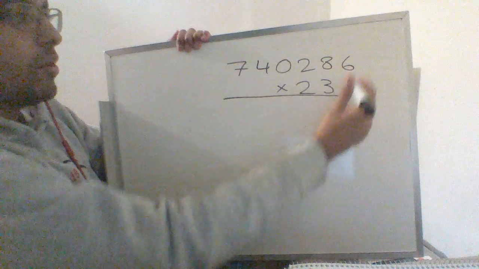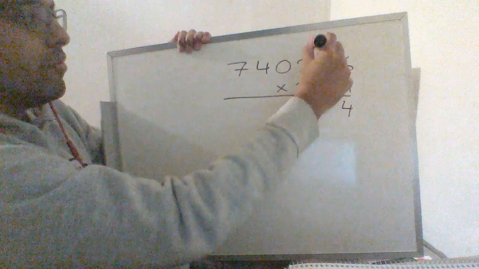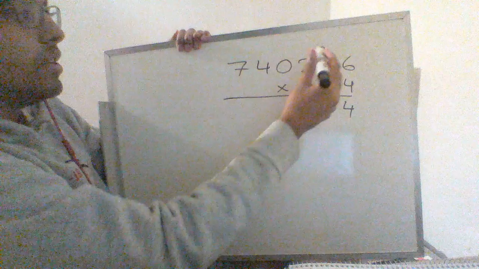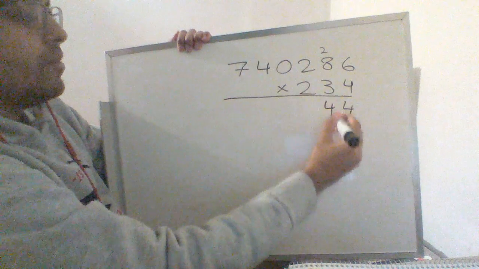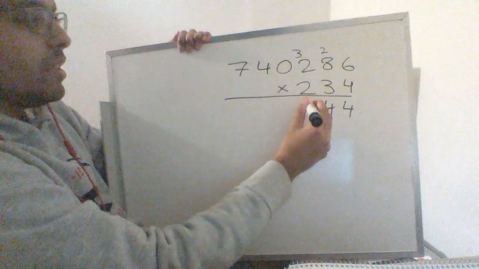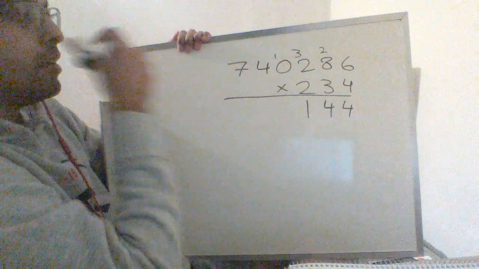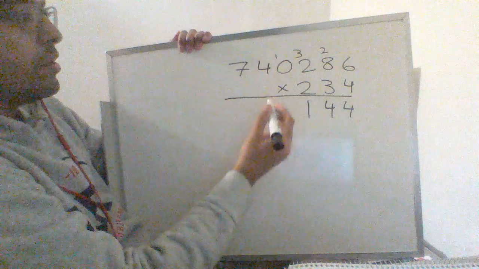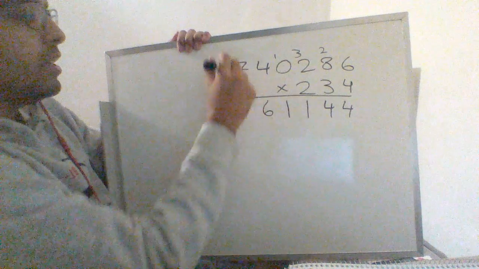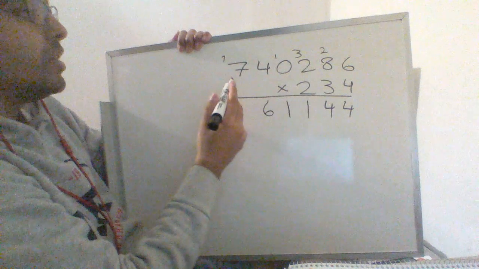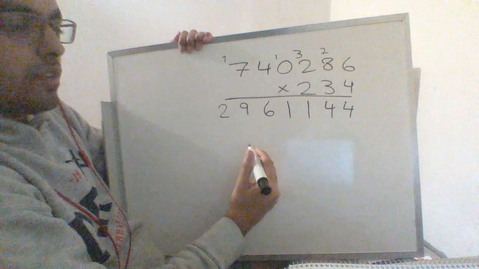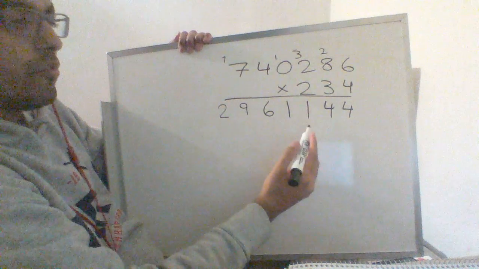So we start with 4 times 6 is going to give us 24. 4 goes down there, we carry the 2. 4 times 8 is 32, plus 2 is 34. 4 times 2 is 8, plus 3 is 11. 1 goes there, carry the 1. 4 times 0 is 0, plus 1 is 1. 4 times 4 is 16, carry the 1. 4 times 7 is 28, plus 1 is 29. Alright, so that's the first line, that's for the 4.